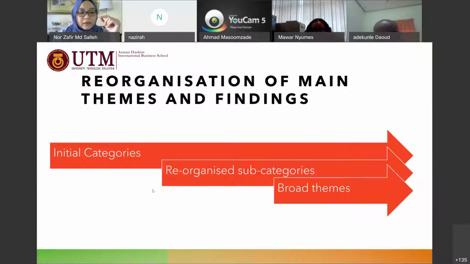The coding, the axial coding, the property dimension. Still remember? And then we get to the axial coding, and then you get to the initial categories, subcategories and broad theme. Those are the steps that I took to ensure that my research is credible and could be justified as a PhD research.